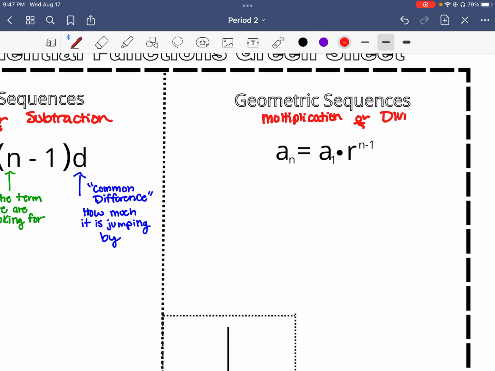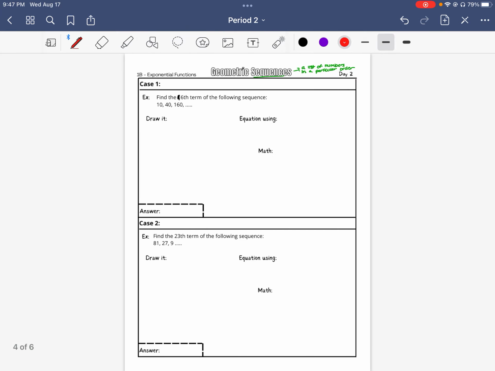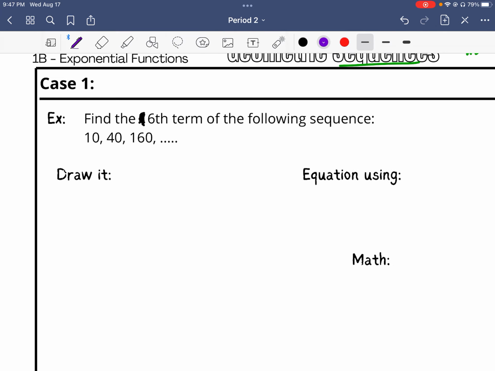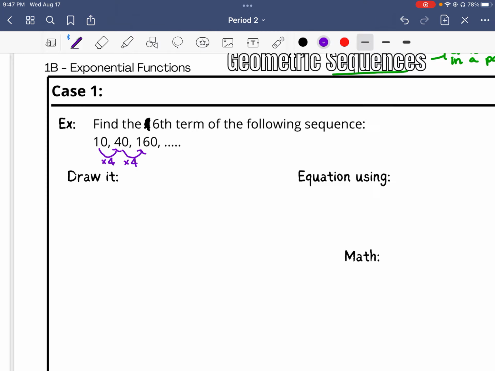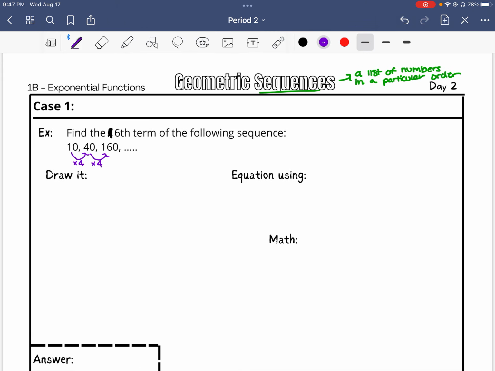Yep, good job, division. So let's check over here. What if we try multiplying? 10 to 40 is times 4, and 40 to 160 is indeed times 4. So this is a geometric sequence.